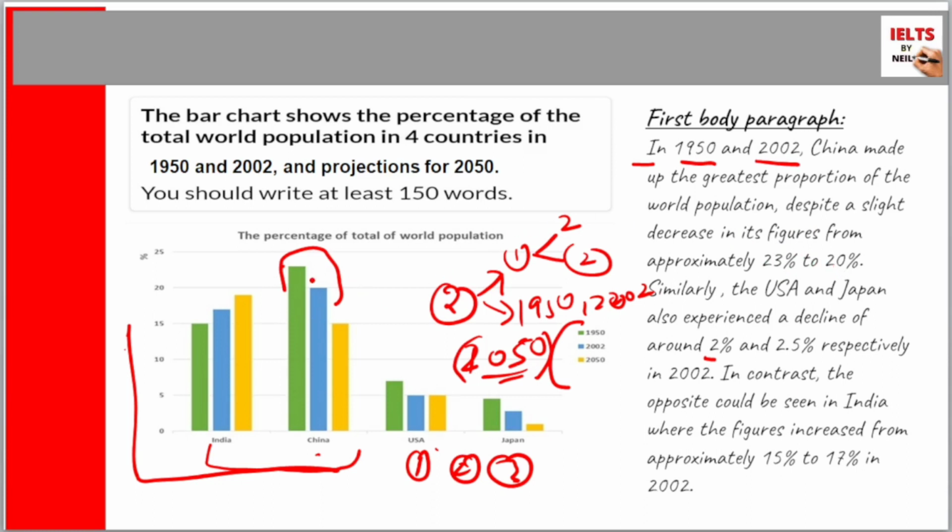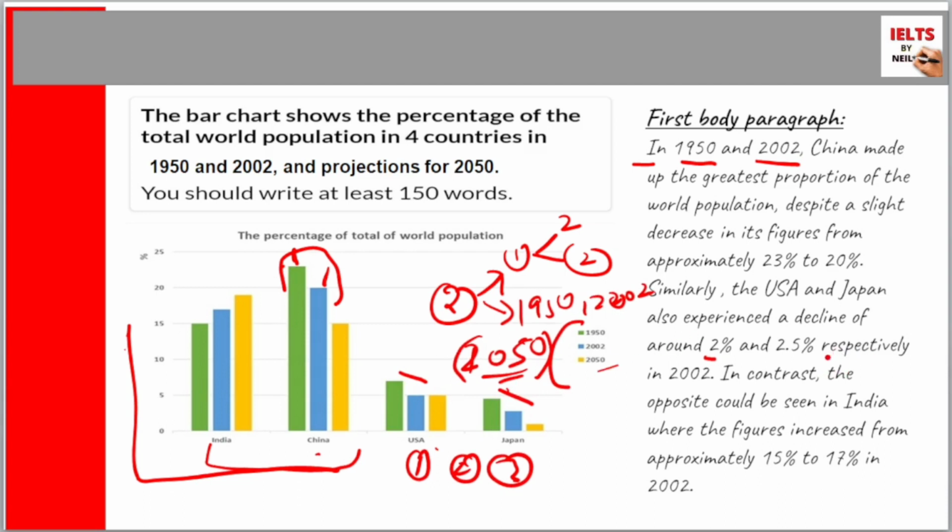Yes, in 1950 it was 23%, and in 2002 it decreased to 20%. Similarly, USA and Japan also experienced a decline of 2% and 2.5% respectively. So the decrease for USA was 2% and Japan was 2.5%.